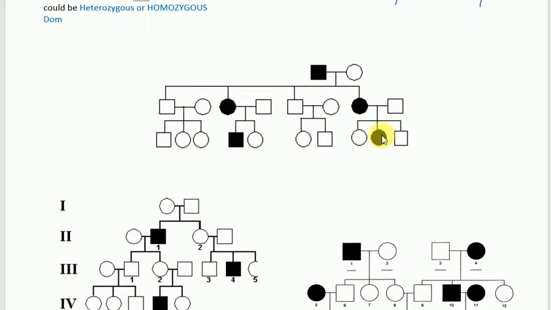So we are looking at autosomal dominance. So that means that we are going to use the shaded individuals and give them a capital letter. So here, big A, little a, big A, little a.